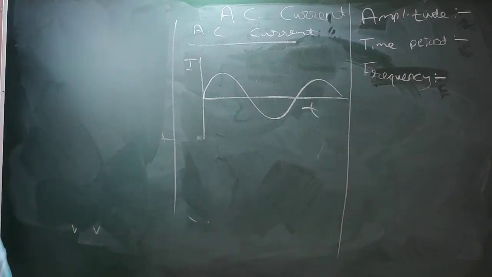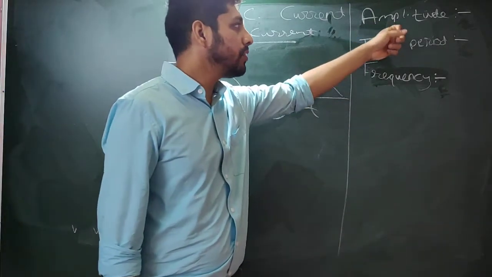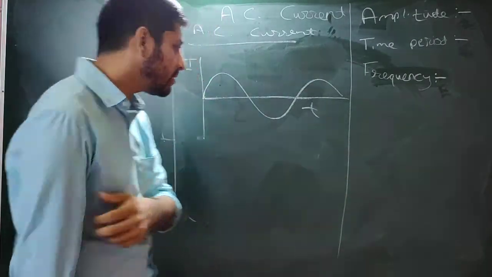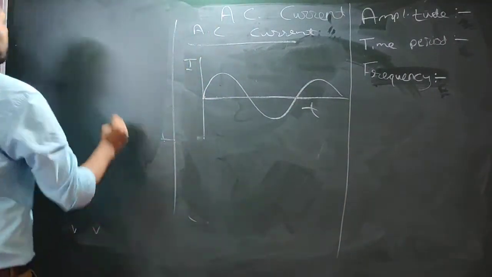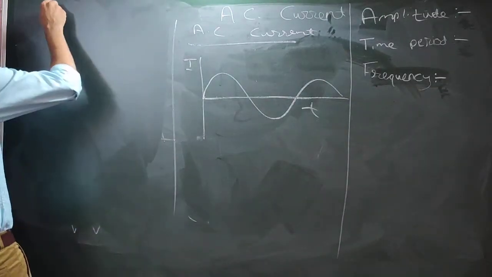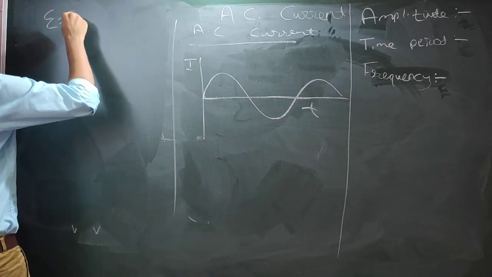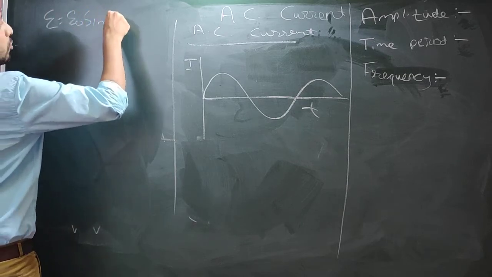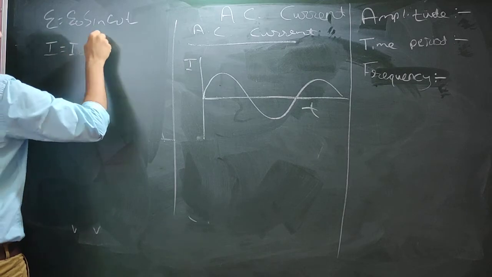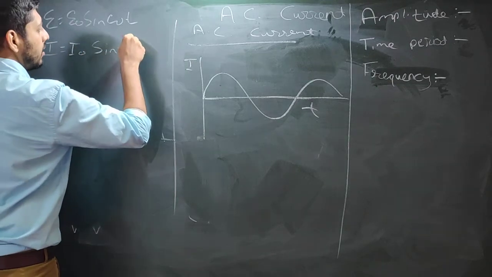Now we will be studying three important quantities: amplitude, time period and frequency. Before that, let me write down the formula for alternating current and alternating EMF. EMF was E equals E0 sine omega t, whereas for current it was I equals I0 sine omega t.